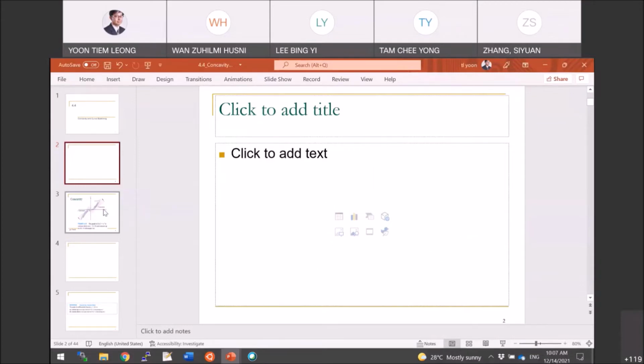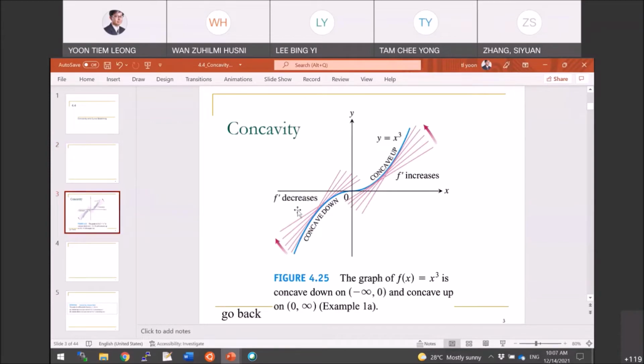Okay, so yesterday we mentioned the concavity. For example, you look at this graph, right? So see if I can use a pen to denote it. Not this one. Okay, so you look at this graph. Let's see if I can show a screen.